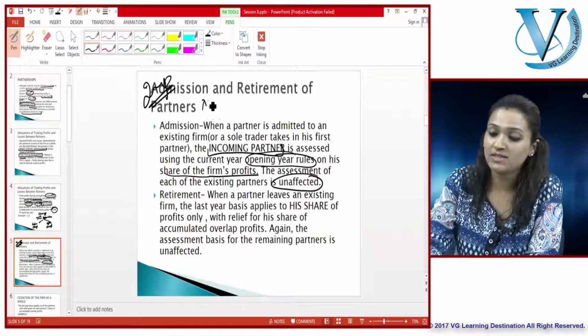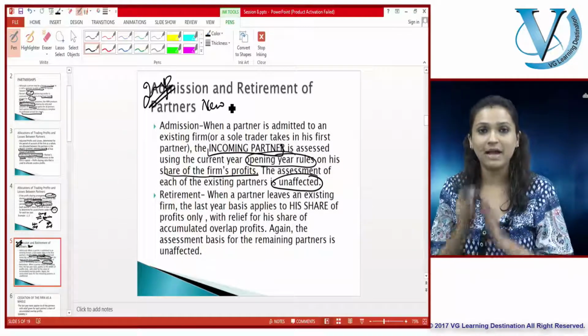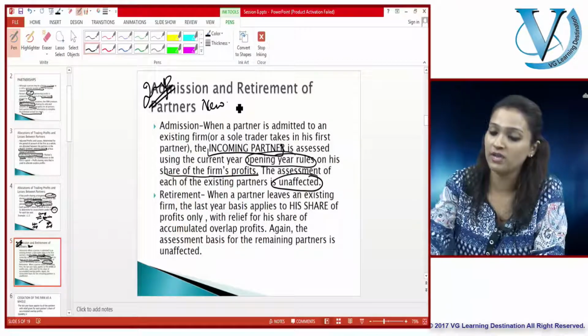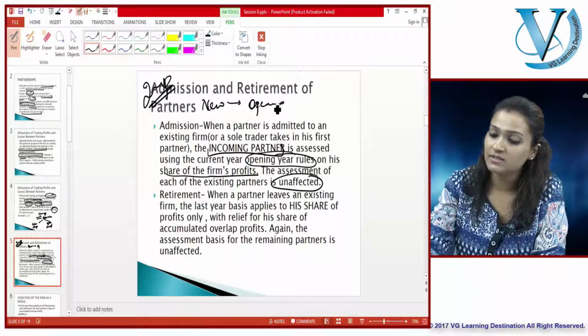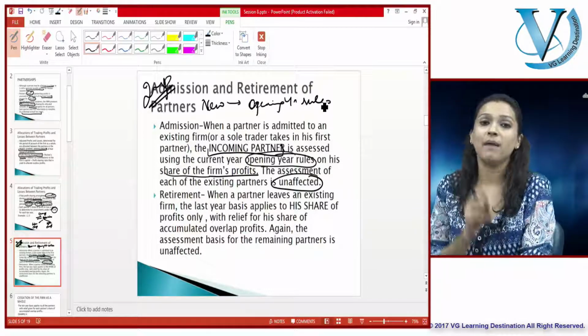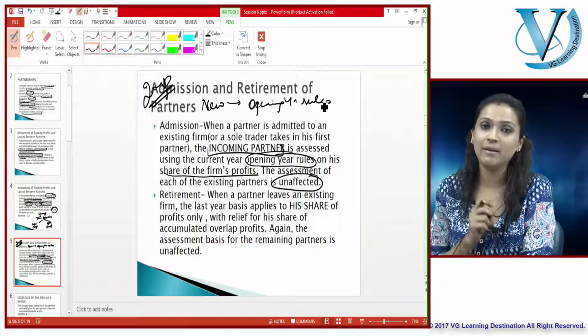Why? Because it's a new partner that has come in. So for that particular new partner, it is a new year. So you're going to follow the opening year rules. But remember, only for the partner who has just joined in, only for the new incoming partner.